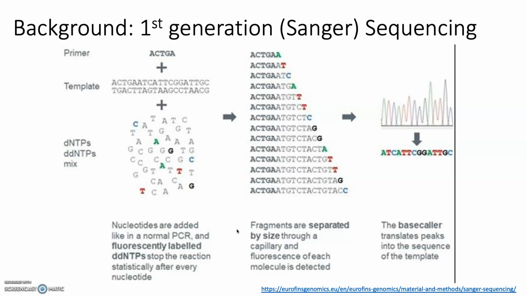Sanger sequencing is used to sequence these polymorphisms or point mutations at the end and compare results. How does Sanger sequencing work?